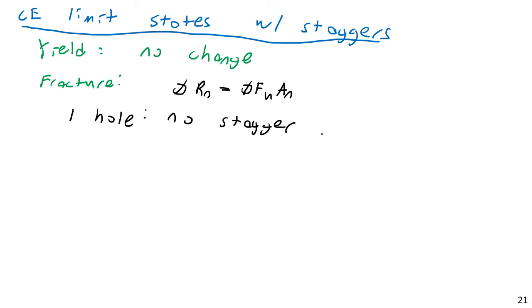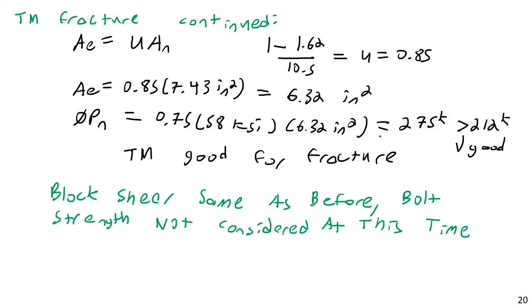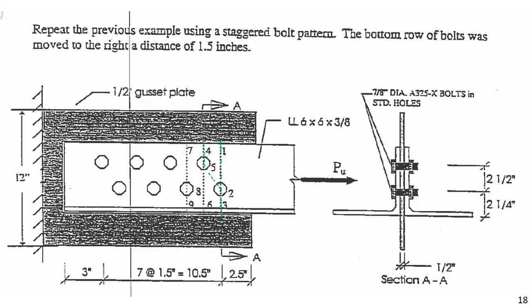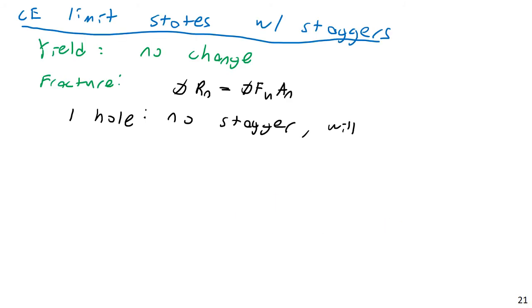So no stagger, will not control, at least for this particular problem. Basically we only really need to check once. If we find that the two-hole path is critical for this tension member, it is almost certainly also going to be critical for our connecting element. So will not control.